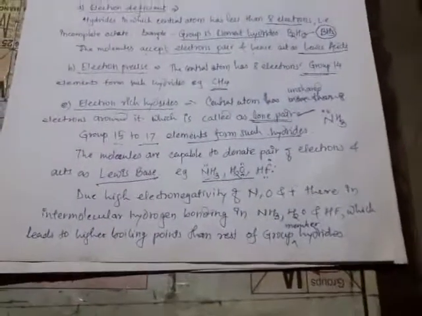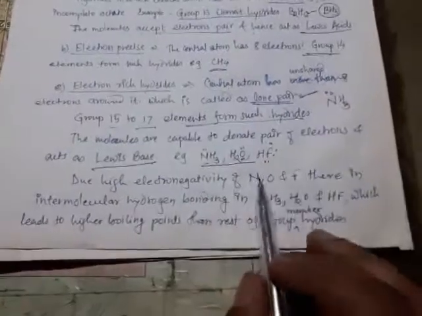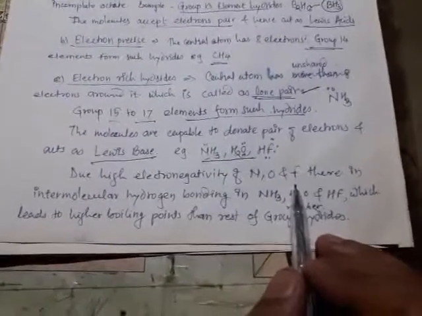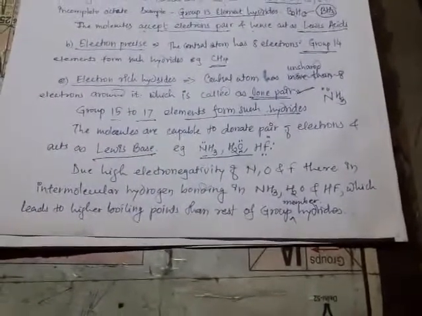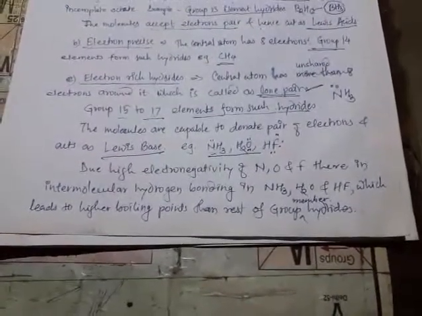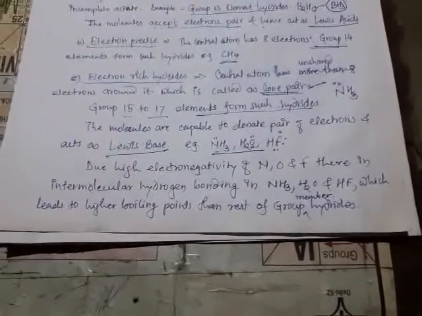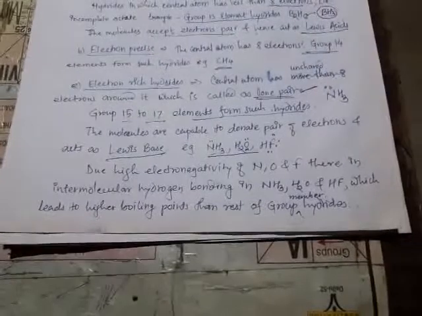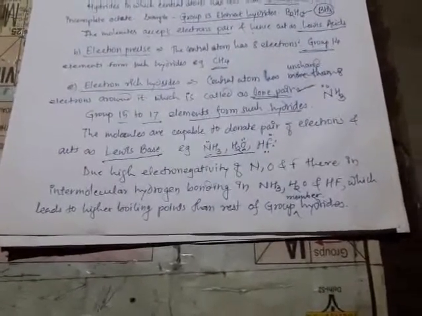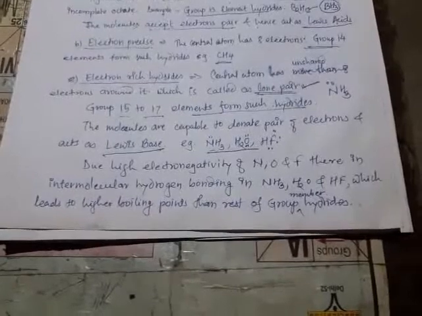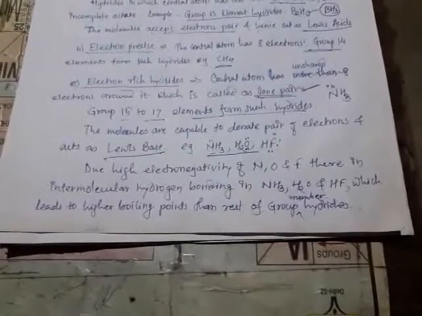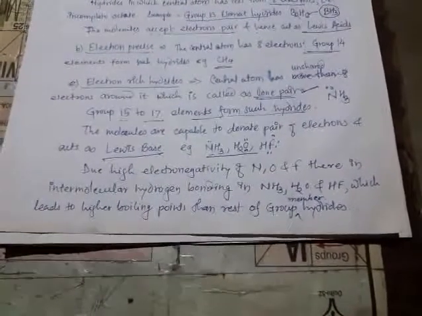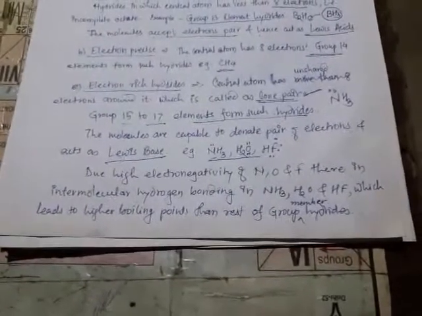Okay, due to high electronegativity of nitrogen, oxygen and fluorine, the hydrides of nitrogen, oxygen and fluorine have very high intermolecular hydrogen bonding, and the hydrogen bonding is due to the electronegativity of nitrogen, oxygen, fluorine, which leads to higher boiling points of these molecules, that is NH3, H2O and HF, compared to the rest of the family members.